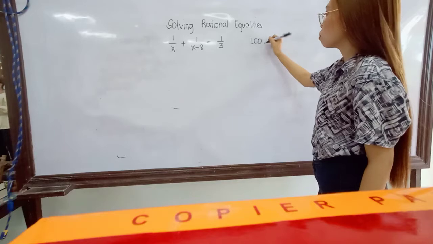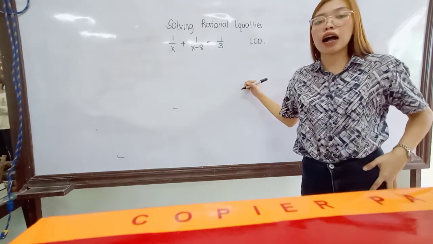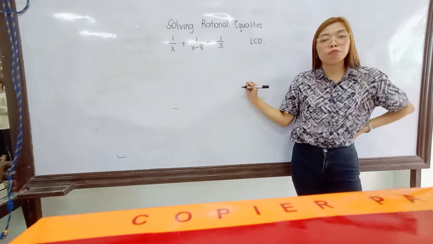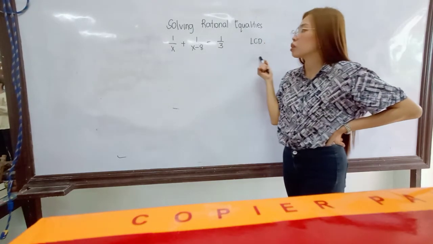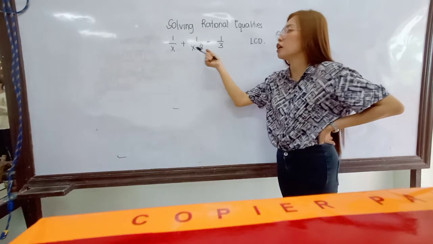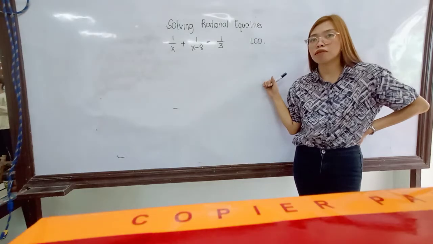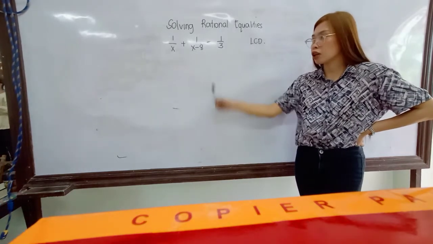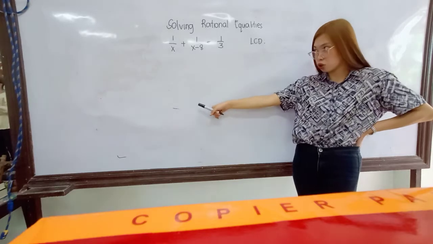So the least common denominator, meaning we have to figure out what is the term or the number that we're going to divide to the three denominators. The least number that we can divide by the three denominators.